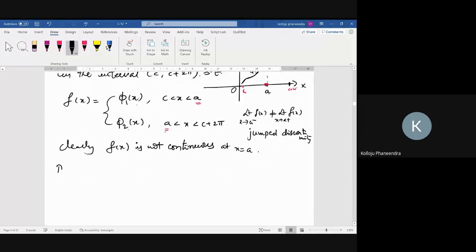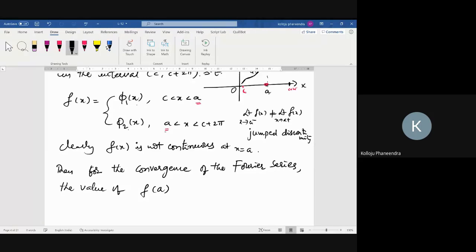Now, for the convergence of the Fourier series, the value of f of a is taken as the average of the left and right limit values at x equal to a.